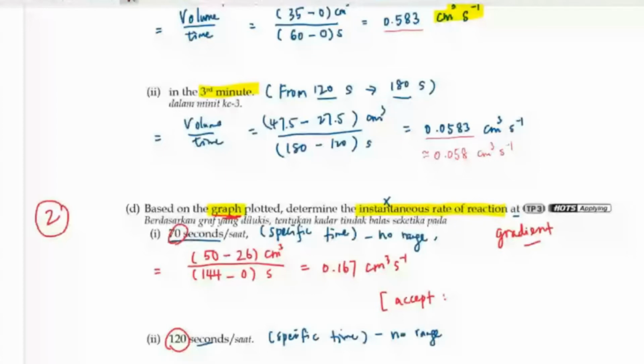So you calculate yours, see whether your answer is in this range or not. If very far, maybe your tangent is wrong, so your gradient is wrong. Another possibility is your coordinate, you read it wrongly. So class, I would like you to try. See whether your answer is inside this range or not.